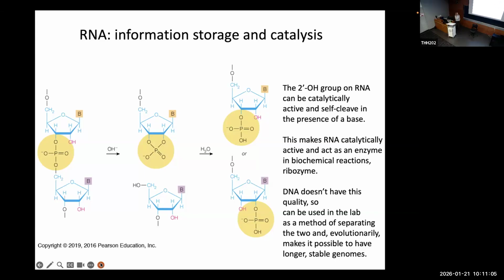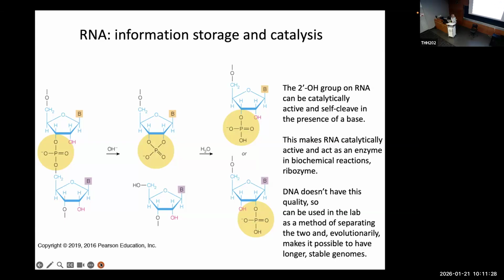So how does this work? If we have a strand of RNA like this, what can happen is this hydroxyl group can become reactive, meaning it wants to form bonds with other atoms nearby. One way that can happen is if you have a little bit of base in your solution where the RNA is.